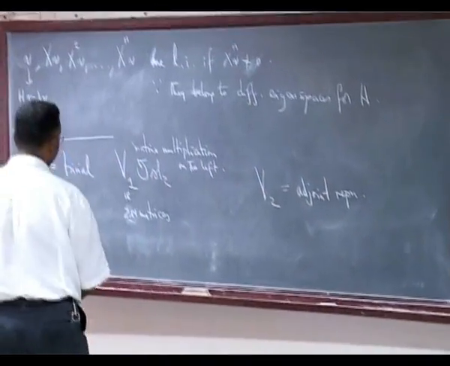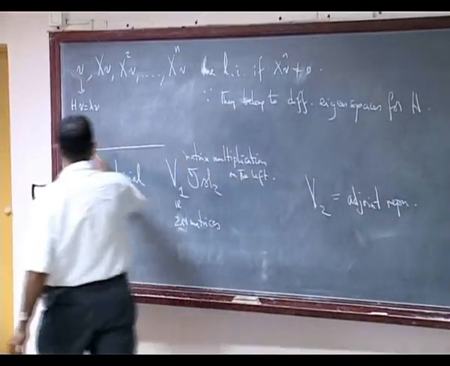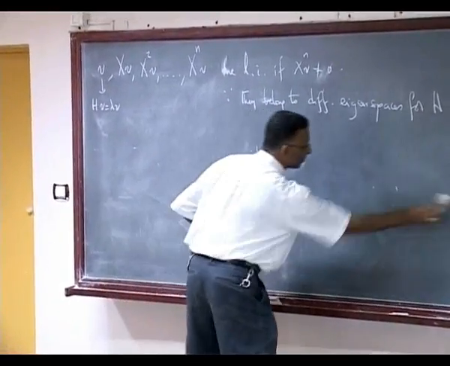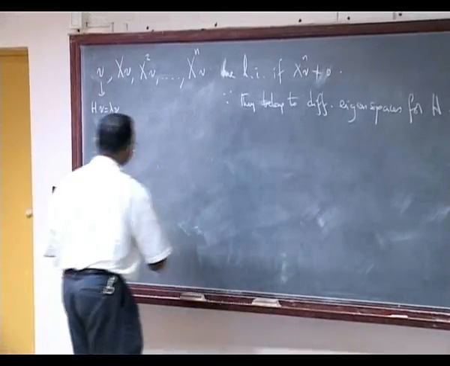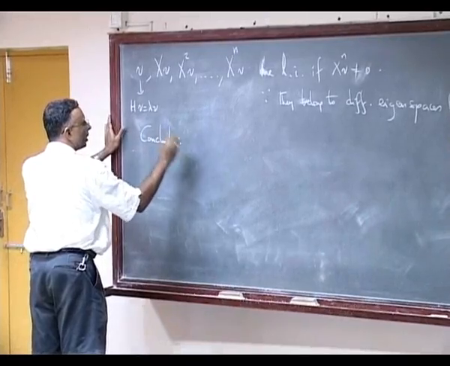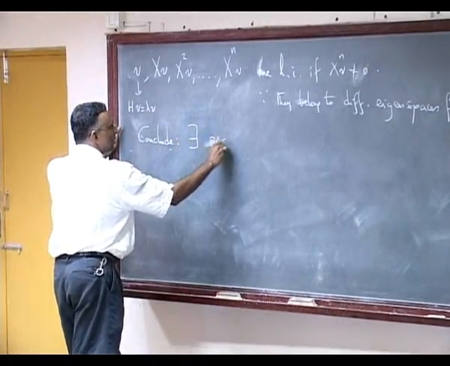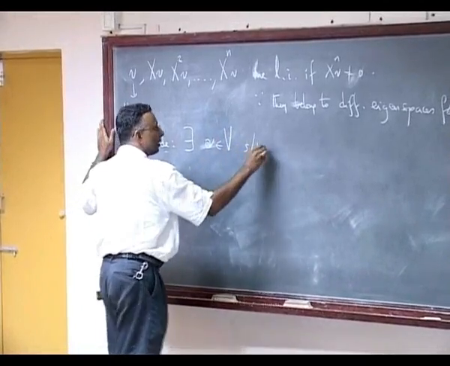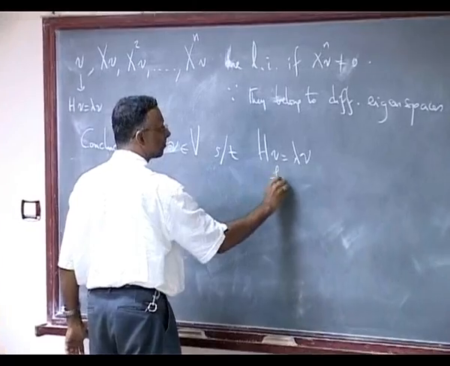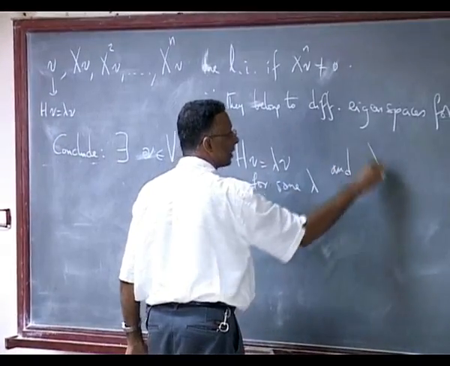So the conclusion is that there exists an eigenvector v in V such that Hv equals lambda v for some lambda, and xv equals 0.